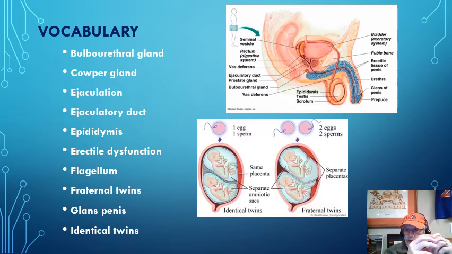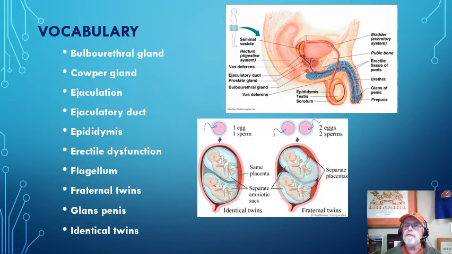And the cells are multiplying. They're getting more and more cells. And for some reason, those cells will divide. In other words, instead of having one ball of cells, now that ball of cells divides, and I have two balls of cells. I have one over here, one over here. They came from the same ovum, they came from the same sperm. As a result, they have the same identical DNA material, and they're called identical twins because they're identical.